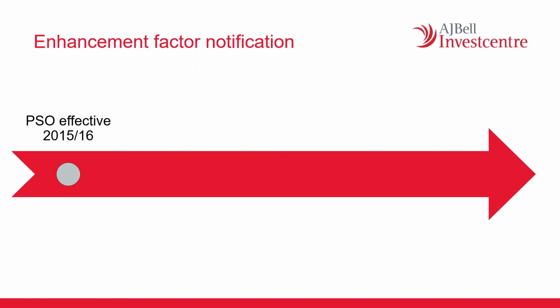So as an example, if somebody had a pension sharing order which was effective in the 2015-16 tax year, the 31st of January following the tax year when it happened will be January 2017, and then you've got 5 years after that to apply for it. So that deadline would be the 31st of January 2022, and you would need to complete the APSS 201, which is the form you need if it's a pension sharing order enhancement factor. So you've got a little while there to get that across to HMRC.